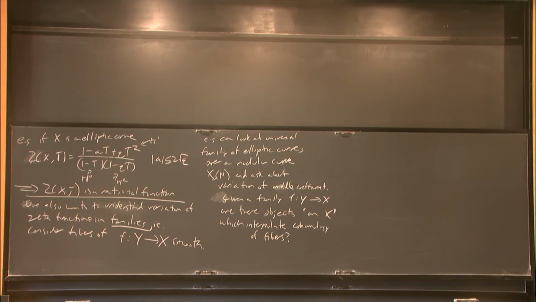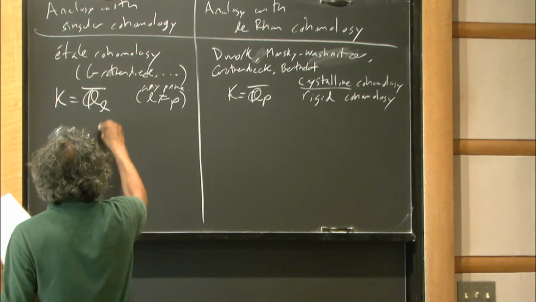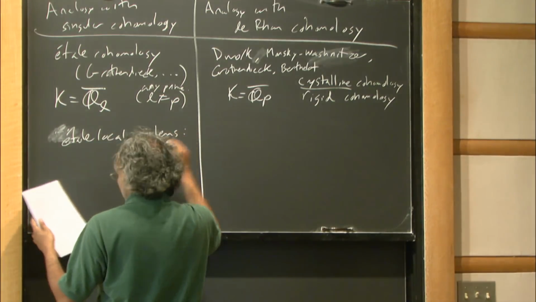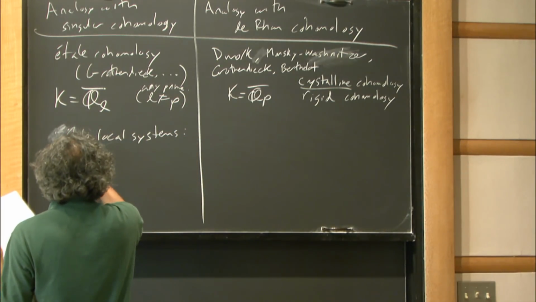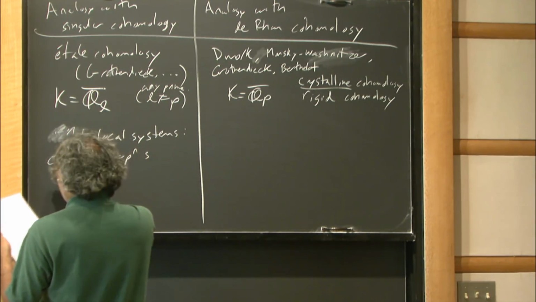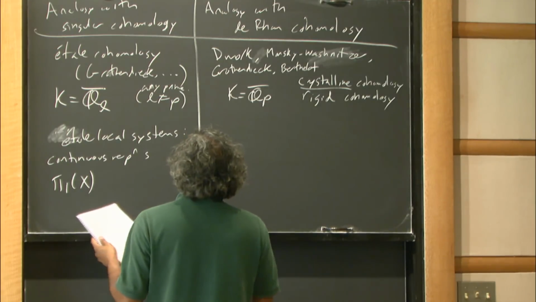And you have these things in both cases. Here you have étale local systems, which one way to say what they are is that they're continuous representations of the étale fundamental group of X in the sense of Grothendieck.